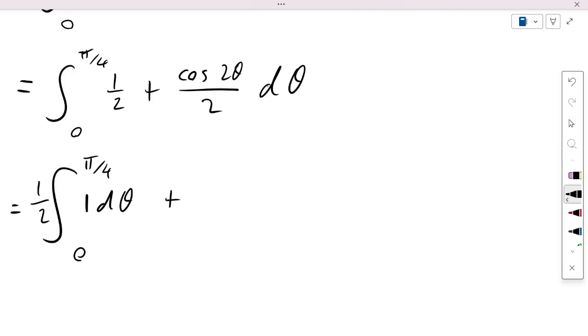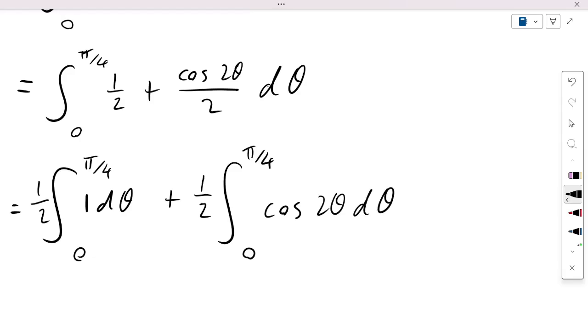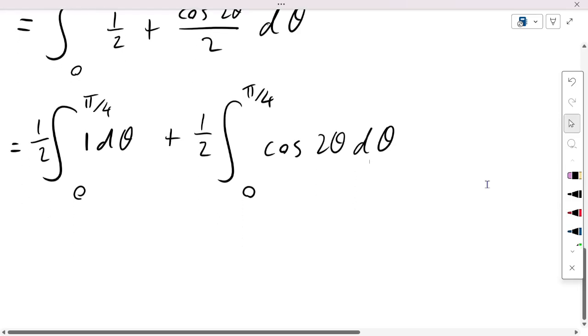So this is plus, and then as you can see, this is just a half multiplied by cosine 2 theta. So we can actually just take the half out like this. Integral from 0 to pi over 4, and then we have cosine 2 theta, and this one is also with respect to d theta. Okay, so now that we have all of that, we can integrate.